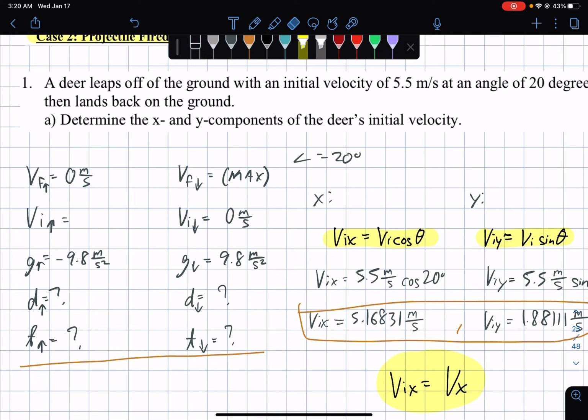Okay, so where do we put VI? I almost forgot that principle too. This particular principle states that VIY going up is equal to the VIY going down, as long as the surface is even.